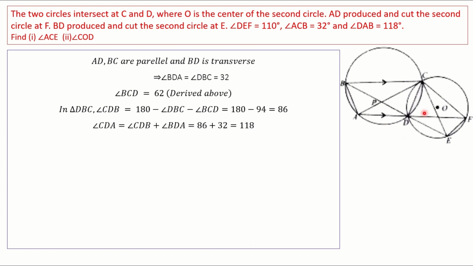Next, angle CDA equals angle CDB plus angle BDA. Sum of these two, 86 plus 32, which is 118 degrees. This is the external angle to triangle CFD.